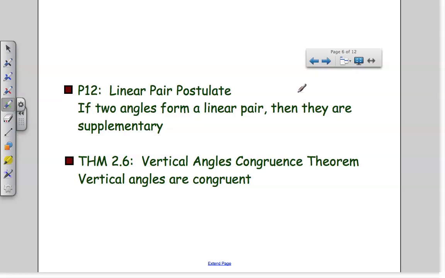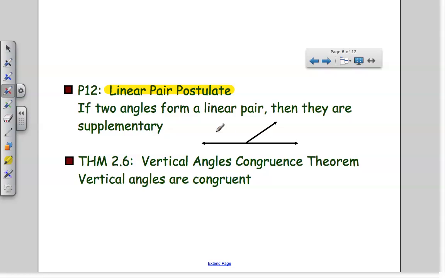Alright. Dealing with linear pairs and vertical angles, which are very much related here. We have the linear pair postulate. Remember that postulates cannot be proven. They're more of a common sense thing. What the linear pair postulate tells us is that if two angles form a linear pair, then they are supplementary. Meaning, if we have a linear pair, that means we have two angles together on a line.